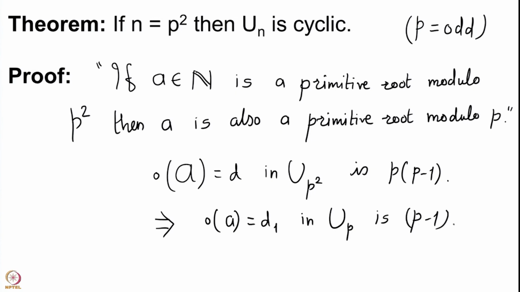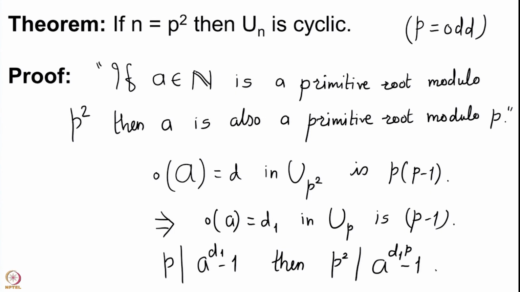So, what we will have to show in this case is that if p divides a^{d1} - 1, then p squared divides a^{d1 p} - 1. This is something that we will have to show. So, this will imply that if you had any smaller d1 inside the group Z/pZ as your order of the element a in U_p, then the order of a in U_{p^2} will have to be smaller than p(p-1).